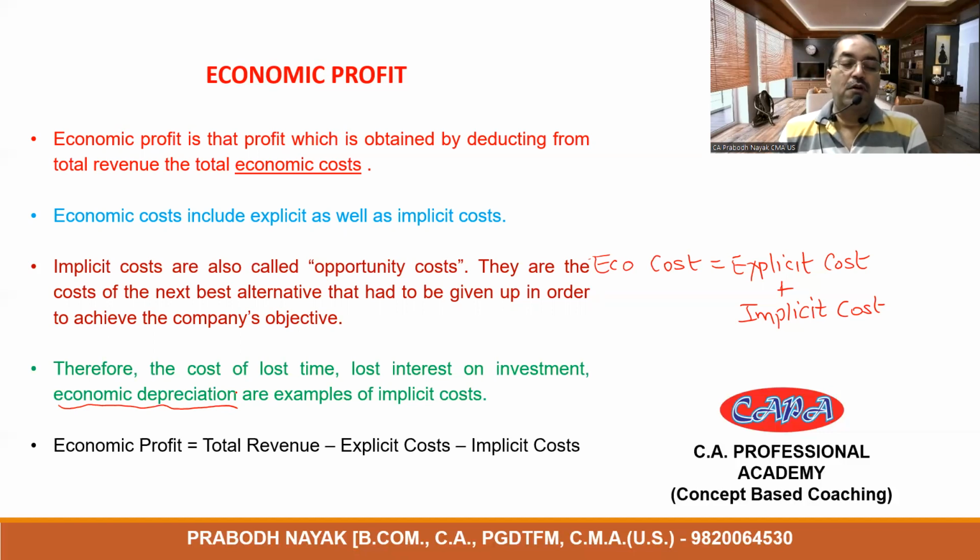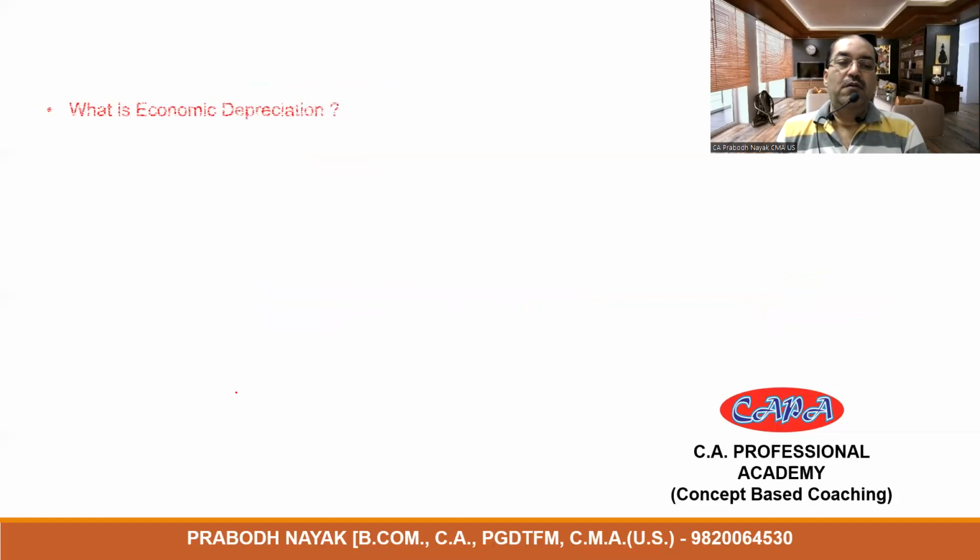Now let us come to the concept of economic depreciation. Depreciation in accounts, we have said, is the wear and tear of the asset. It will take place even if I don't use the asset.